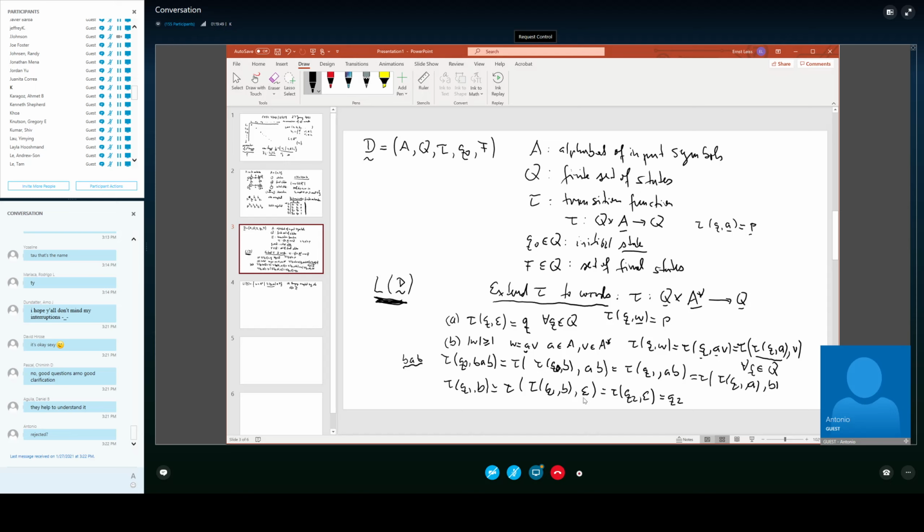Is that still Q1 or is that Q2? I have it written down as tau of Q1 and B equals tau of Q1 and B and epsilon equals tau of Q2 and epsilon equals Q2.